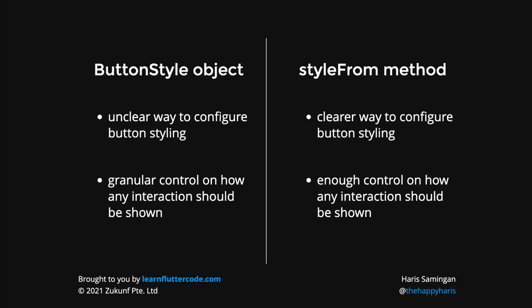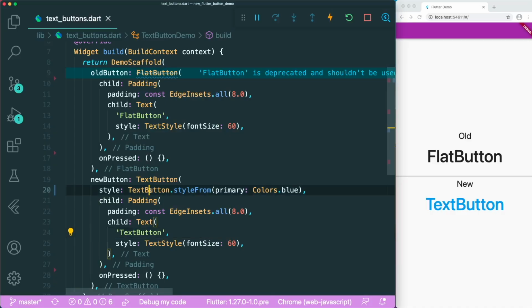So you can just put a value into the style from method and it will compute for you the colors that will be interacted. For example, if you were to add the text button dot style from method, and then if you were to add in a primary color blue, you could see that inside our text button, our text over here is in blue, and then when we hover over it, there is a blue tinge or a slight blue color, and then if you were to press on it, you could see that the inkwell color is also blue, and we can change it to another color, for example red, and it also does the same.